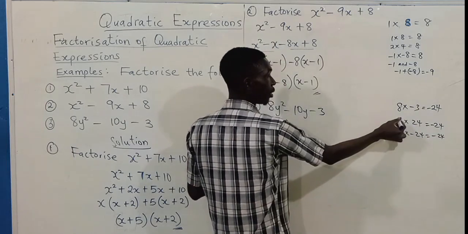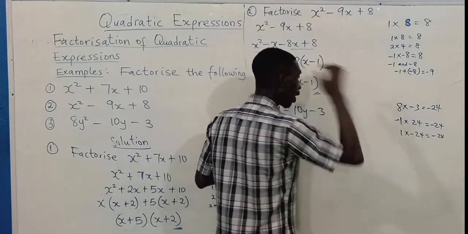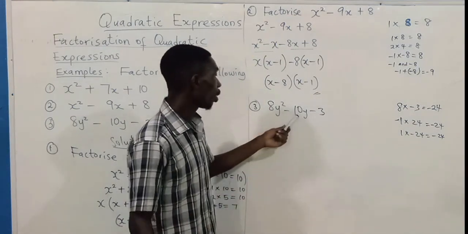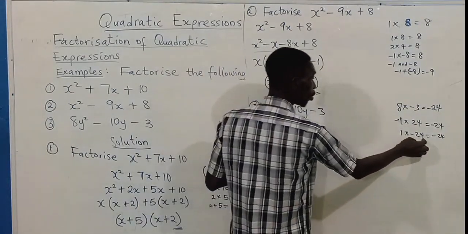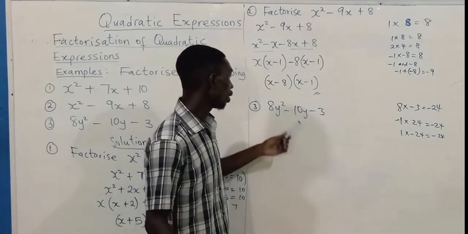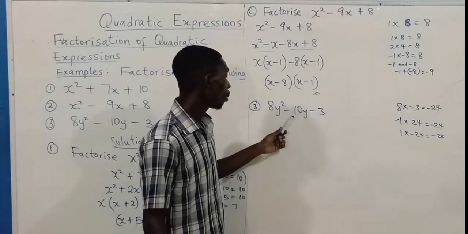But in either case, when we add this up, minus 1 and 24 gives us 23. It's nowhere close to what we are looking for. Then 1 minus 24 is minus 23. Still nowhere close to minus 10.